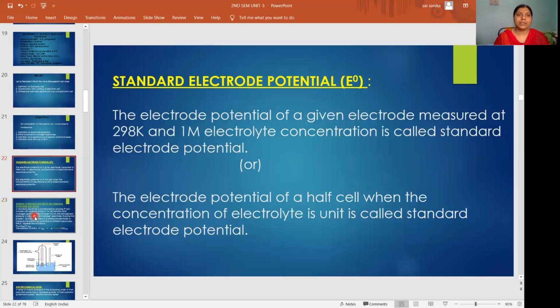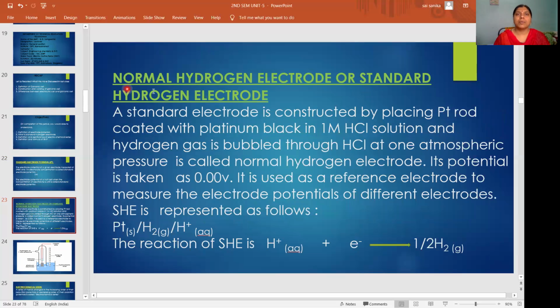Then next come to the normal hydrogen electrode or standard hydrogen electrode. The shortcut is NHE or SHE. This is called normal hydrogen electrode, NHE, or standard hydrogen electrode, SHE. So you'll see the construction of the standard hydrogen electrode.